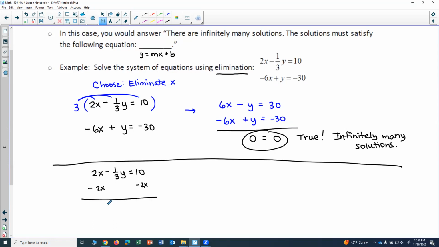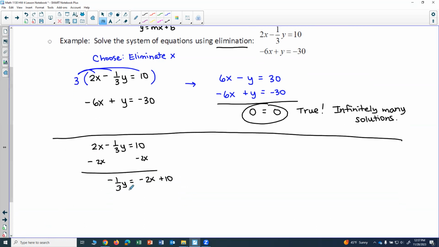So I get negative 1/3 y equals negative 2x plus 10. And then I'm going to multiply everything by a -3. I take this whole side and I'm going to multiply by a -3. That will clear out the fraction on the left.